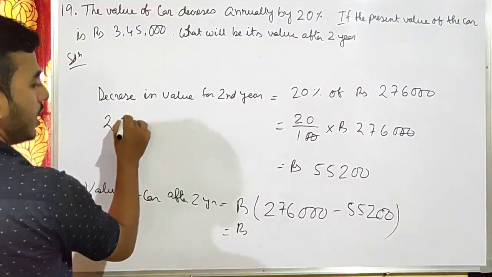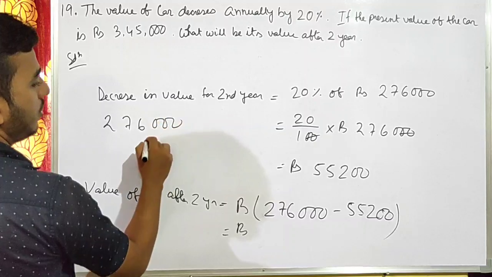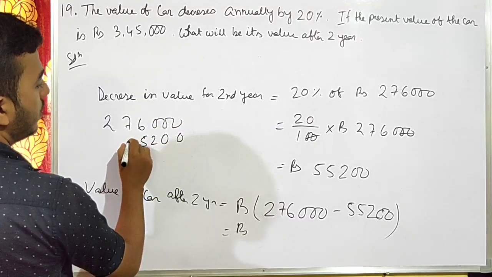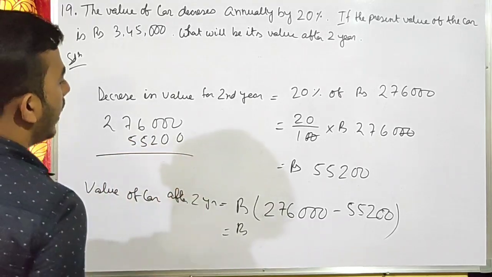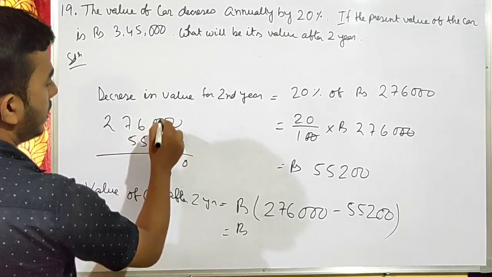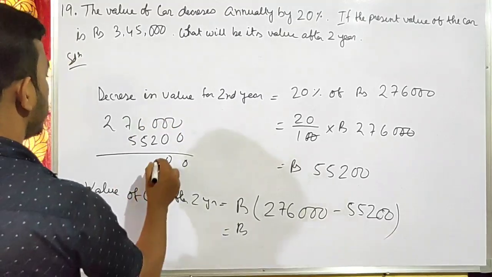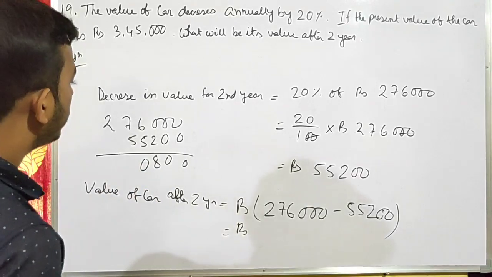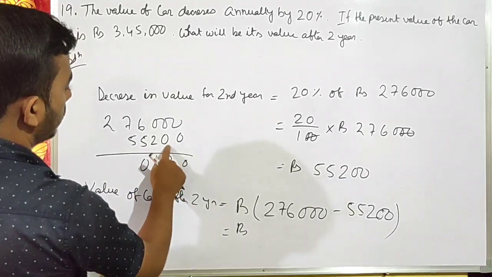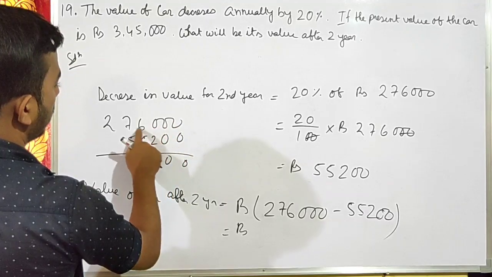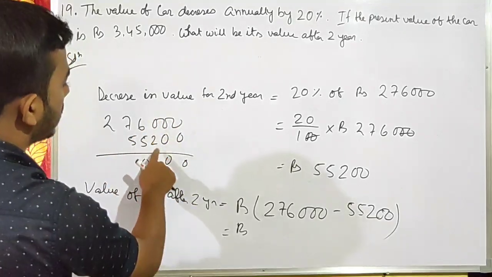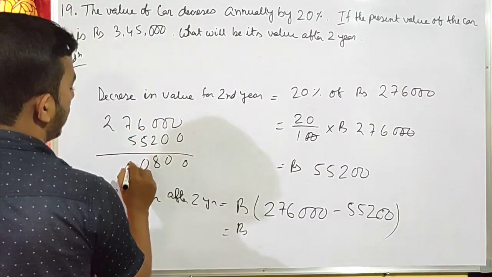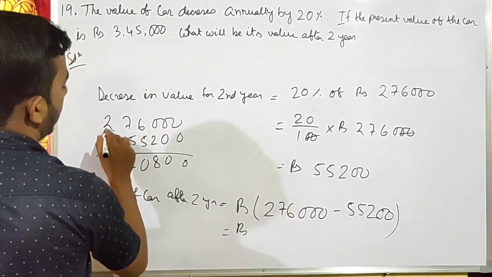So 10 minus 2 is 8, 5 minus 5 is 0, then 7 minus 5 is 2, then 2.